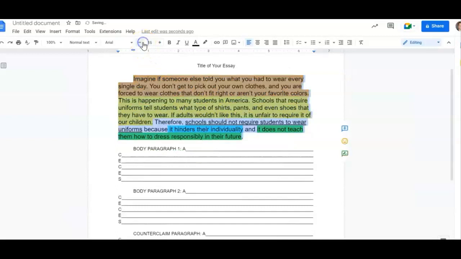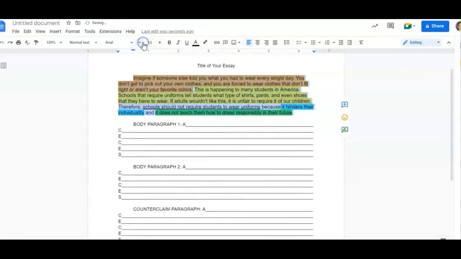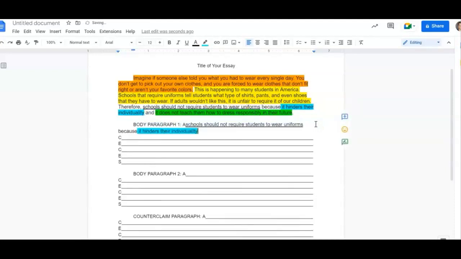So if we have this as our introduction paragraph, and I just copied and pasted it over, body paragraph A, my answer is going to be all about reason number 1. My second body paragraph is going to be all about reason number 2. So I'm going to have my answer plus my reason number 1. Okay, schools should not require students to wear uniforms because it hinders their individuality.